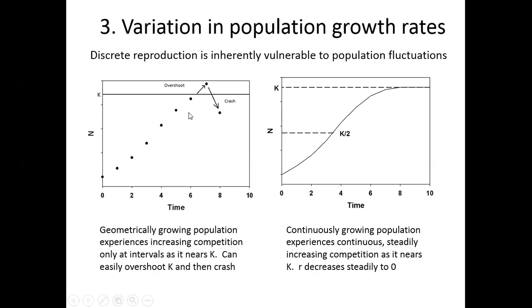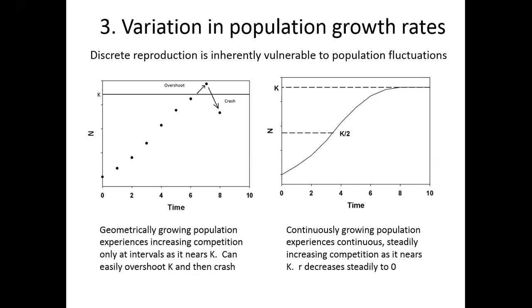Competition increases at intervals here. It doesn't increase continuously. So you're not smoothly applying the brakes the way you are here. You're stomping on the brakes a little bit, stomping on the brakes after an interval. And in the meantime, you have hit a brick wall because you didn't stomp on the brakes.